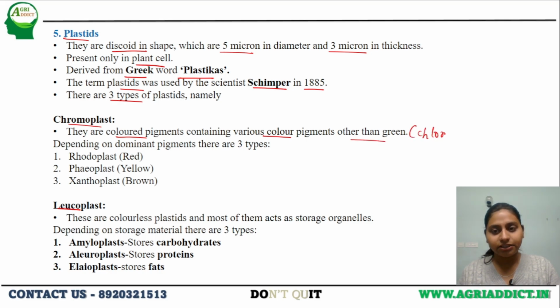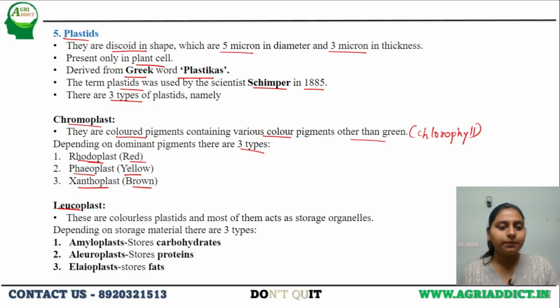Based upon the dominant pigment present, they are again classified into 3 types: rhodoplast, which is red in color, phylloplast, which is yellow, and xanthoplast, which is brown in color. Try to remember the respective colors with the type of plast.